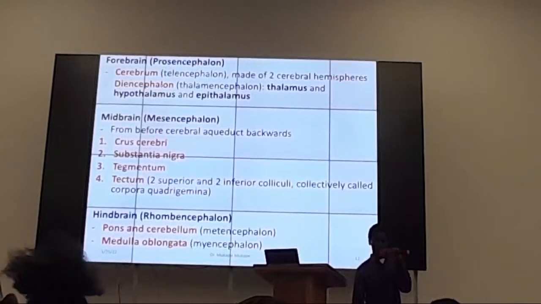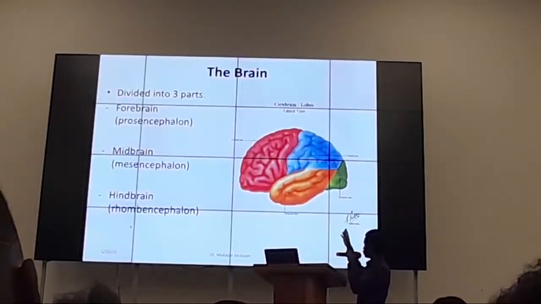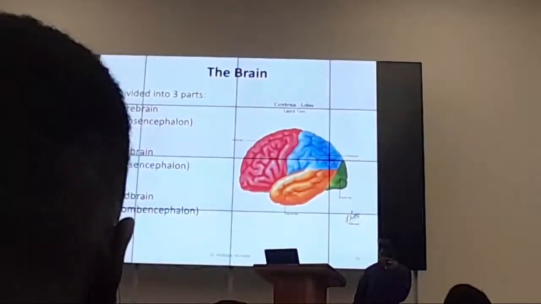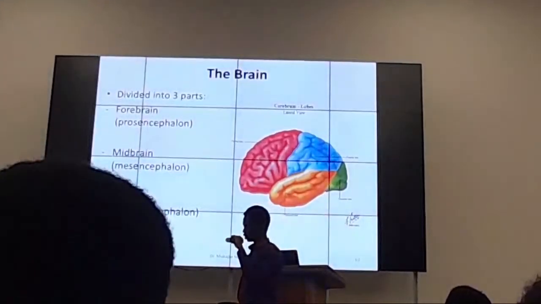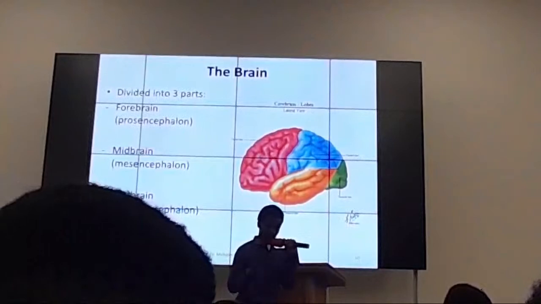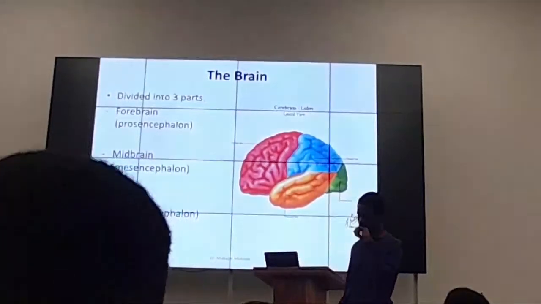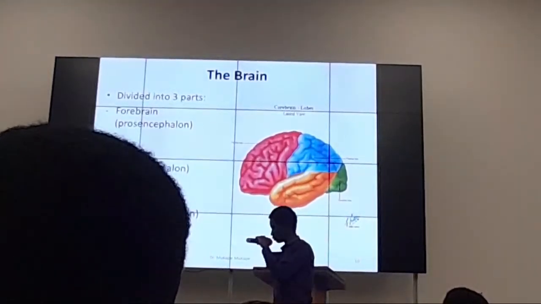This picture is showing the cerebrum, one hemisphere of the cerebrum. The cerebrum has two hemispheres, left and right, cerebral hemispheres, joined together at a structure we call the corpus callosum.